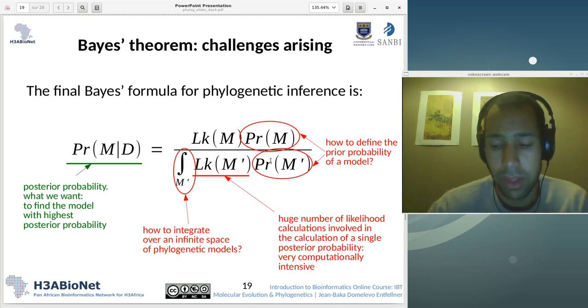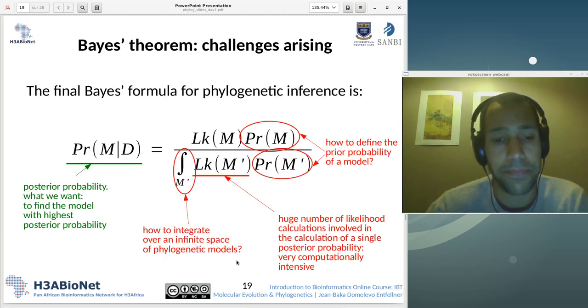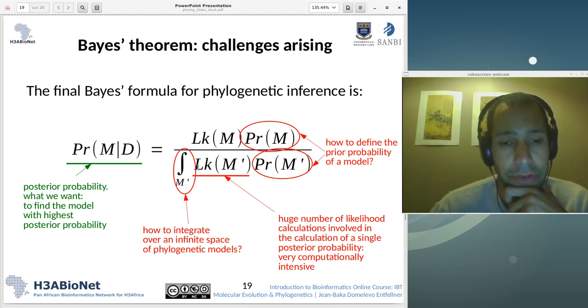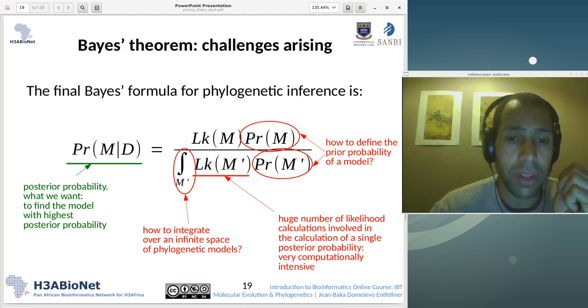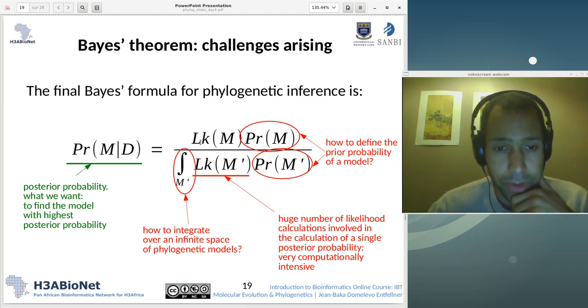And I replaced the probability of D knowing M prime by the likelihood of the model, LK of M, and here we have an infinite sum of these likelihoods times the probability of the model. So we see that the numerator and the denominator have the same kind of shape, only that here we have one element, and at the denominator we have an infinite sum of the same type of elements.